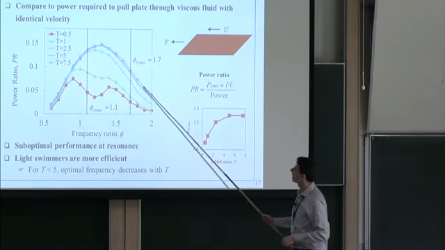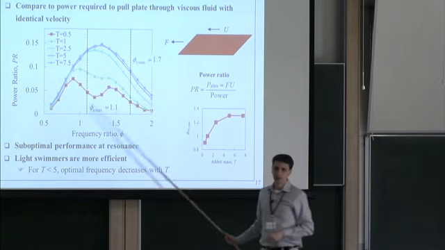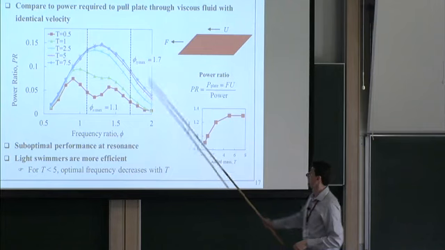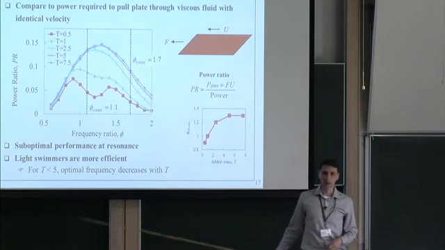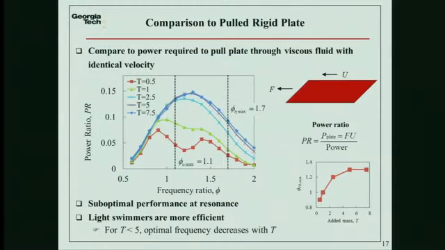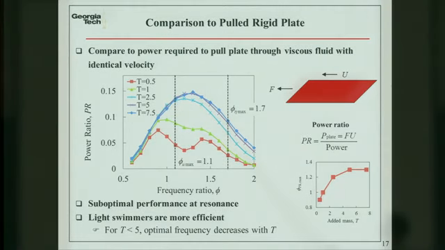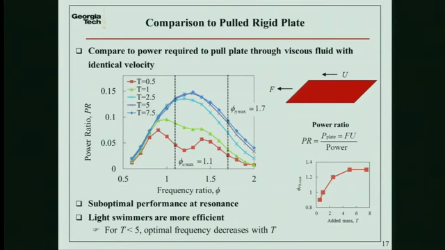Interestingly enough, we find that, again, light swimmers are better, but the optimum performance is neither at resonance nor at the regime we saw before. It is because the power required to drag the plate is not linear with velocity. And we also see that the optimum changes with frequency. So if we use this metric, this is how it changes. It can be sub-resonance or over-resonance depending on the added mass.